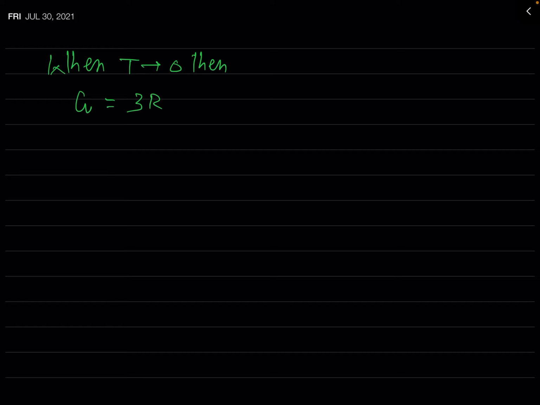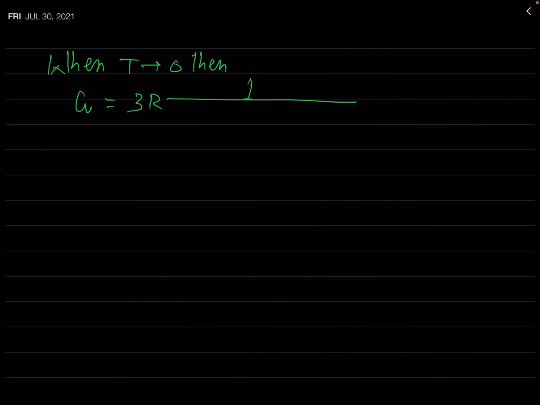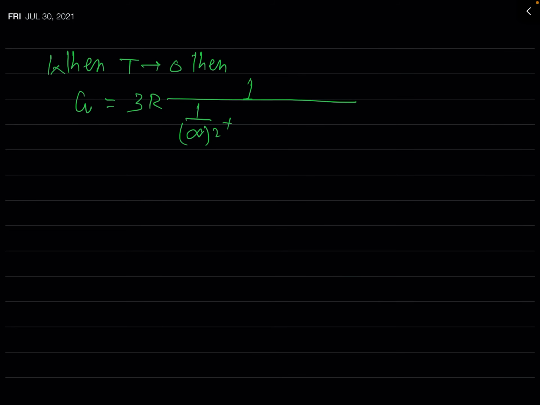This is 3R times 1 over (hν/kT) whole square, so this will be 1 over infinity whole square, plus the second term 1 over hν/kT, so this is 1 over infinity.